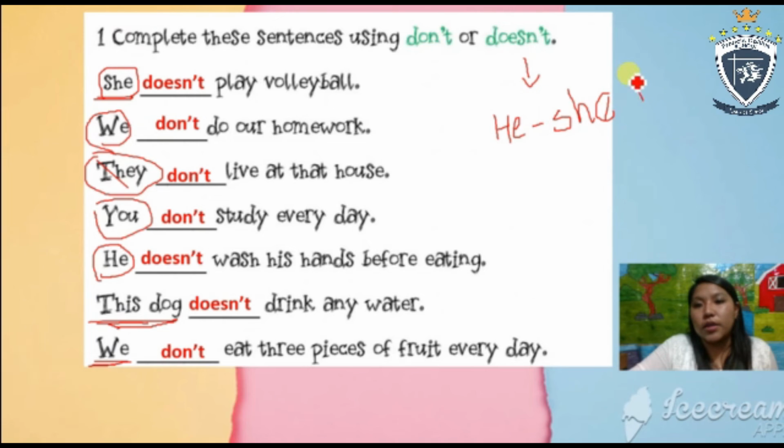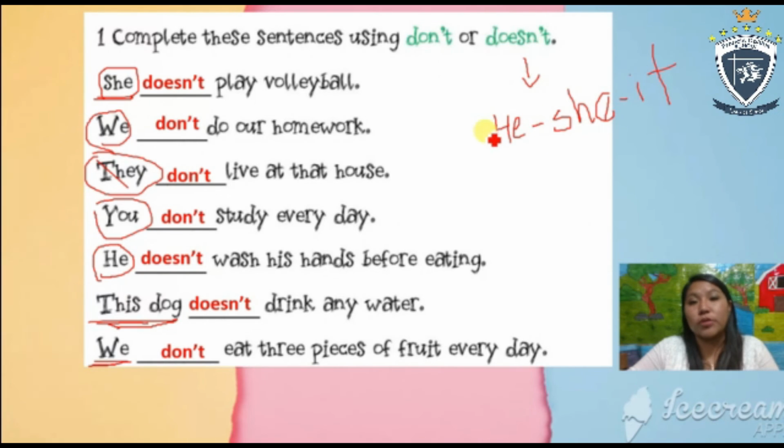Estos tres trabajan con el doesn't. Those three pronouns work with doesn't. And the others work with don't. Okay, that's the only thing that you have to remember when we talk about the negative form and the auxiliary doesn't and don't. Okay, he, she, it with doesn't.